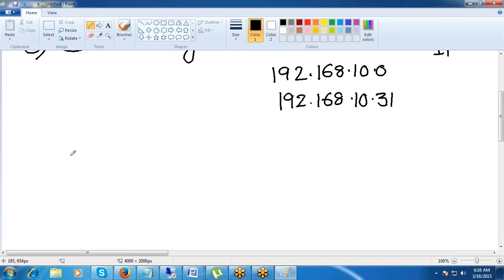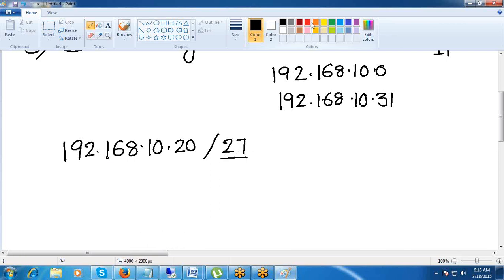Can you explain once again? Yes. What IP address is given? 192.168.10.20/27. So /27 means, what is the subnet mask value for this? Whenever you get /27 or anything, you can write it in the form of 8s: 8 place, 8 place, 8 place. That means 24 plus 3.